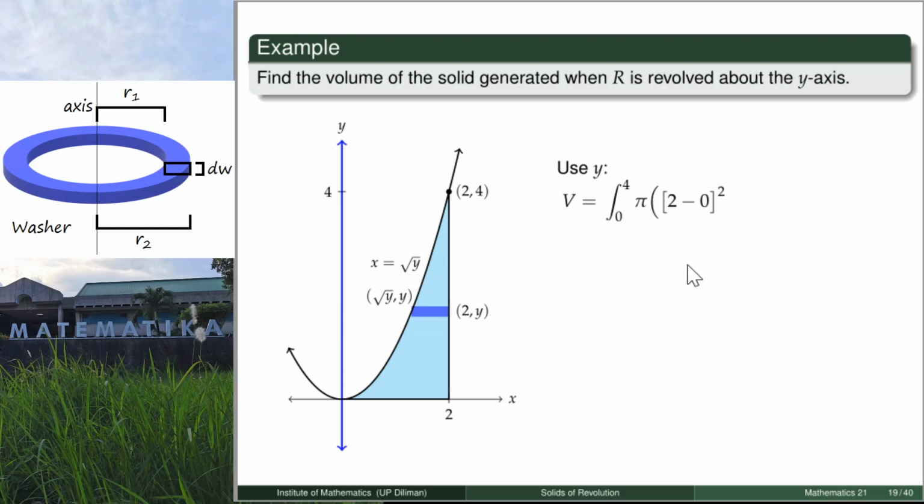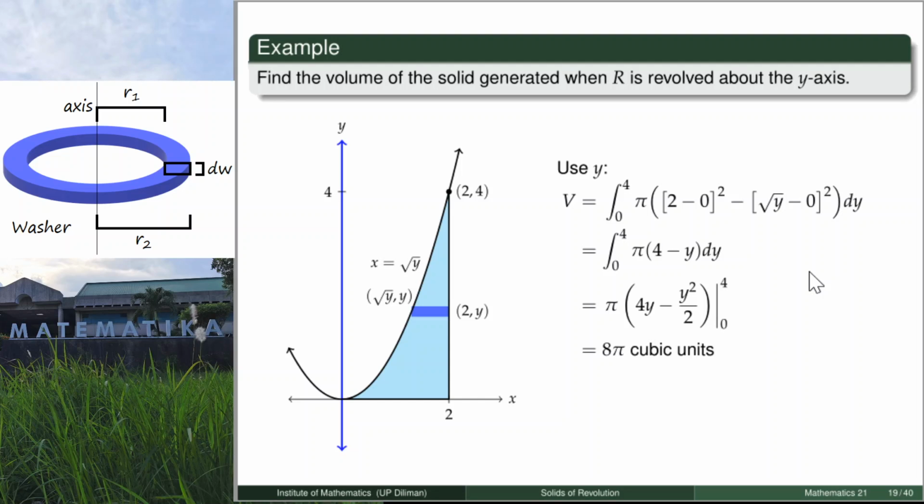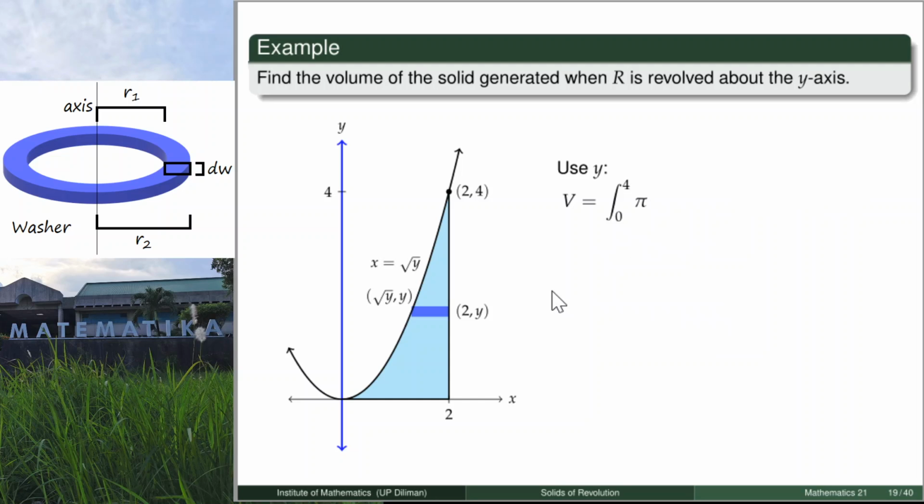Okay, so we will have square root of y minus 0, squared. And then this is dy, right? Okay, so there you go. And again, find the volume, you will just get this. Okay. By the way, I remembered something. Remember, this is x equals square root of y. So maybe you're wondering why.